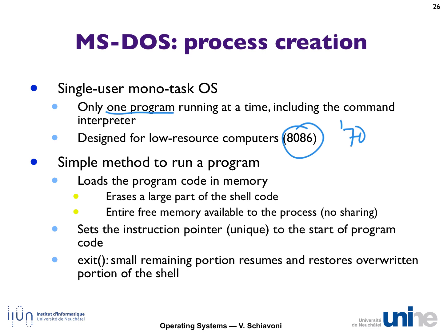This simple method was also setting the instruction pointer to the start of the program code. Basically, it was pointing the processor to the first instruction of the program so that it could start from there. And then there was a very small portion that was used to resume and restore the overwritten portion of the shell. And this was happening upon the call to the exit system call.